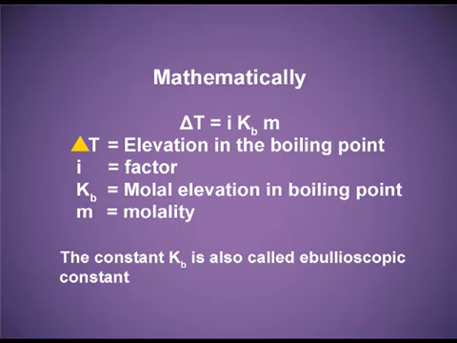Kb is the molal elevation boiling point constant. It is also known as the ebullioscopic constant. Its unit is Kelvin kg per mole, and m is molality. Molality, you know, is the number of moles of solute in 1 kg of solvent.